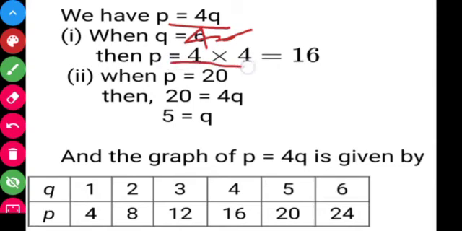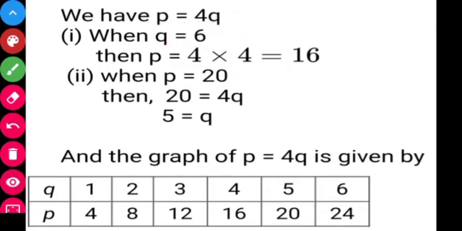Then p is 4 into 4, that means 16. So when q is 4, then p is 16. Similarly, if you take p as 20, then q will be 5. Understand? Similarly, you can find it another way.